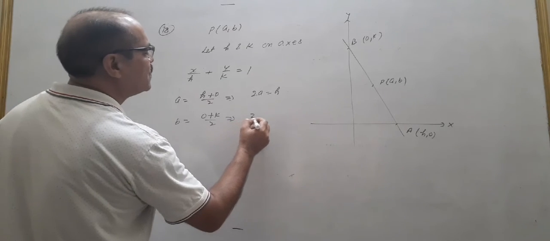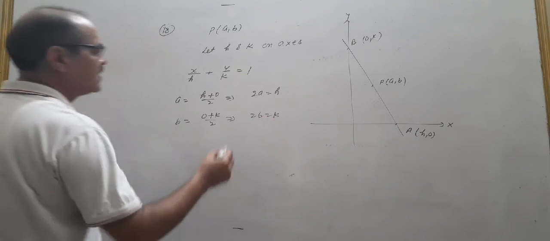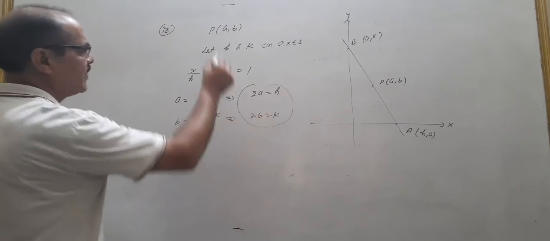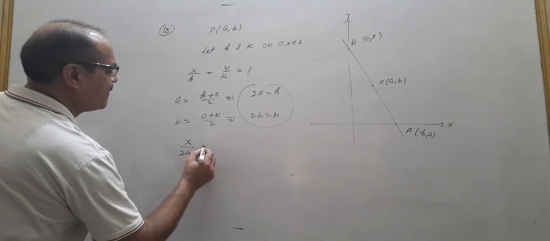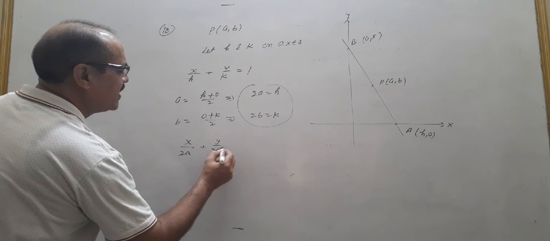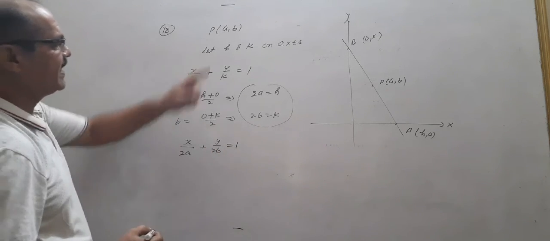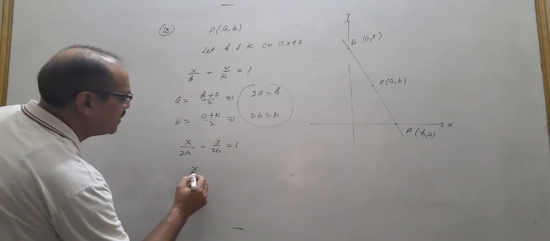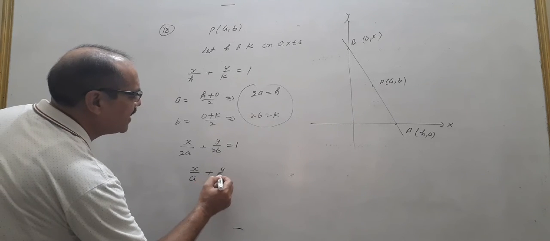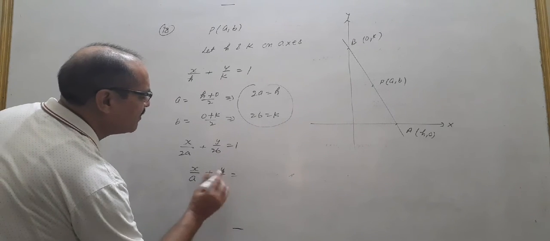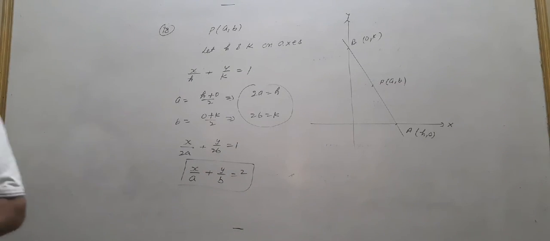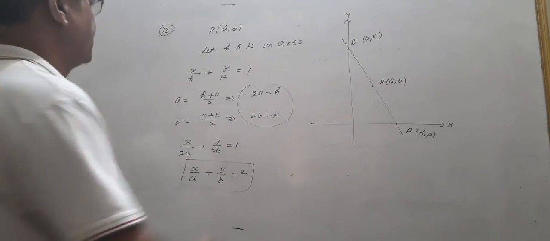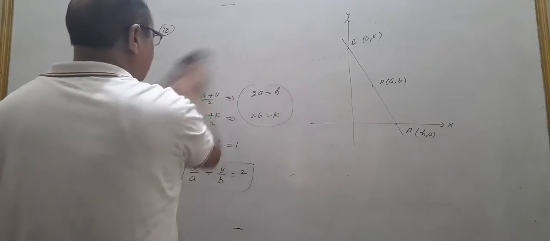That implies 2B is equal to K. Now the students solve, substituting the value of H and K in the equation, that is x upon 2a plus y upon 2b is equal to 1, and the result we need is x upon a. तो जैसा रिजल्ट आपको लिखना है वैसे आप बना लेंगे, by 2 common लेके इसको मैं वहां multiply करूंगा, तो this is the required result of this question number 18. I think it is clear.